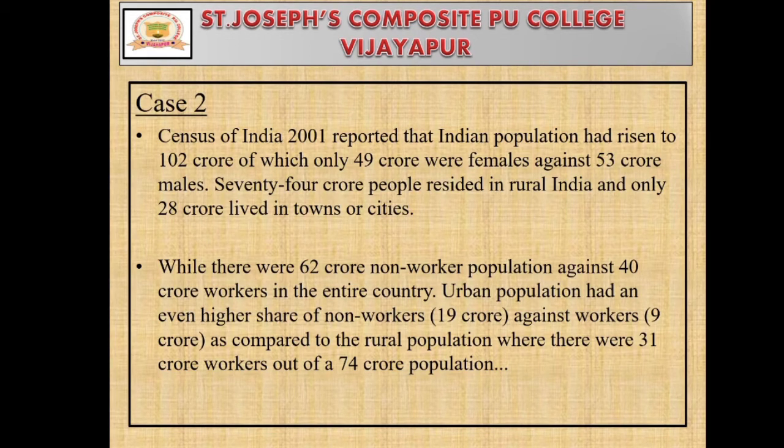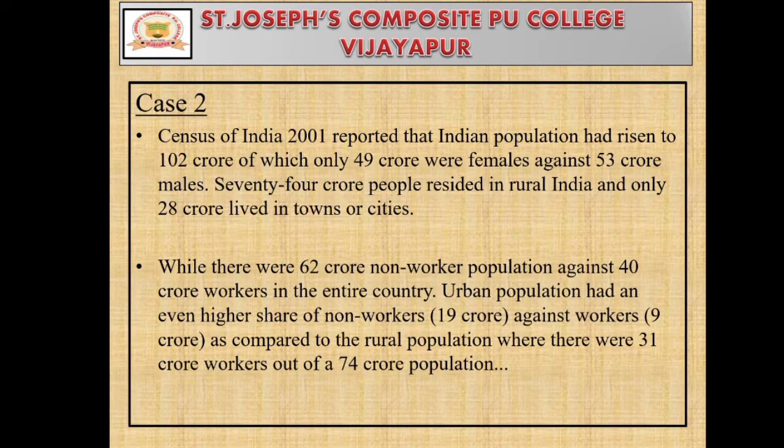And also, there were 62 crore non-workers against 40 crore workers in the entire country, and the urban population had an even higher share of non-workers compared to the rural population, where there were 31 crore workers out of a 74 crore population.